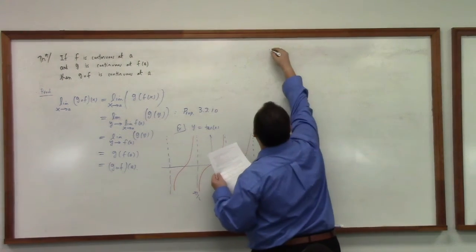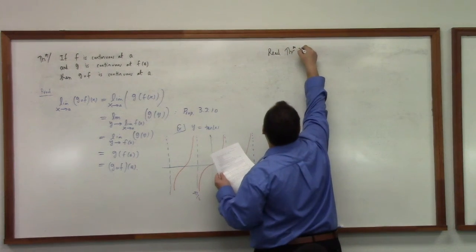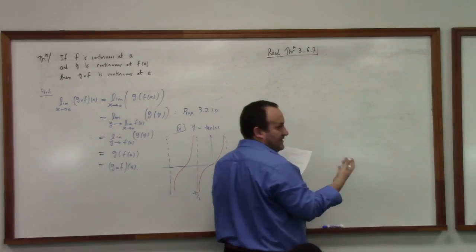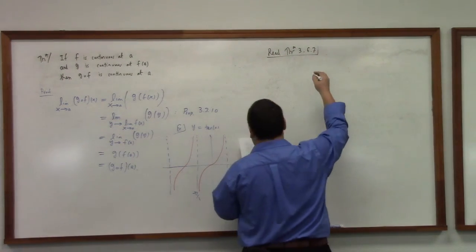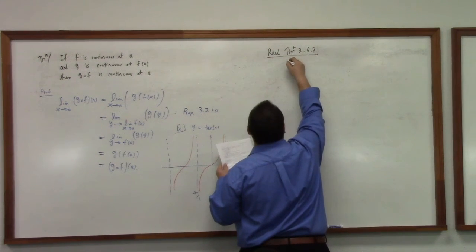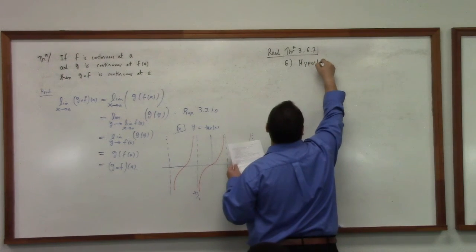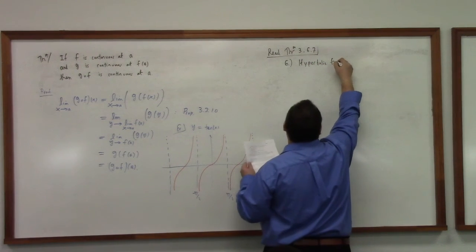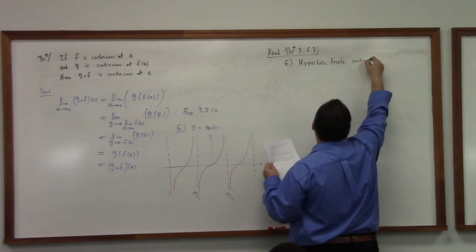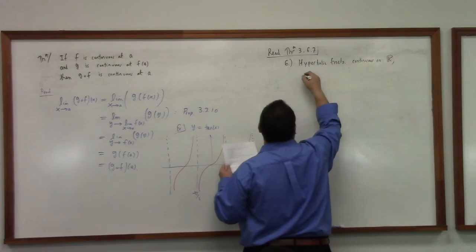So, I would say please read theorem 3.6.7, which has all the claims I just had in there. One of the claims is that the six hyperbolic functions are continuous on R. So let's look at that.